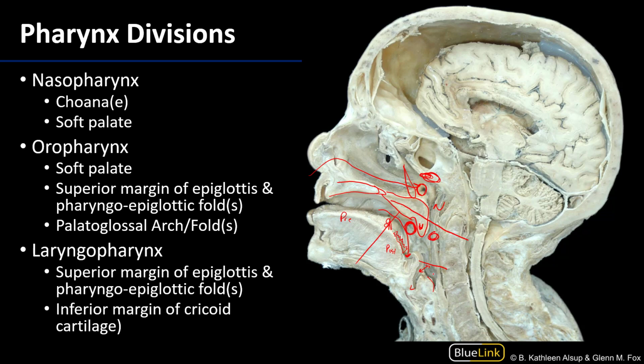And as we move inferiorly, down, down, down, as we go below the level of the cricoid cartilage, which is right there, that inferior margin of the cricoid cartilage, which is at about the 6th cervical vertebra level, as we pass that, the laryngopharynx is contiguous with the esophagus.